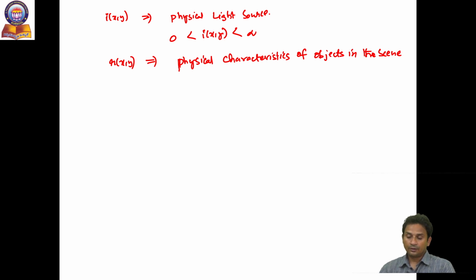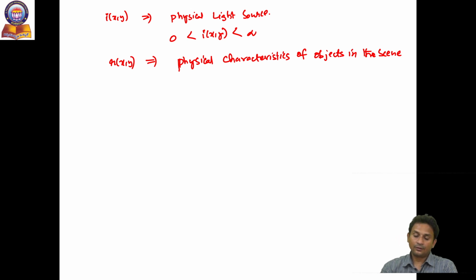If the characteristics of the object are such that it will absorb the complete energy, then the amount of energy reflected back is zero. Or if the object will reflect the full 100% energy back, then the reflectance value is considered to be 1.